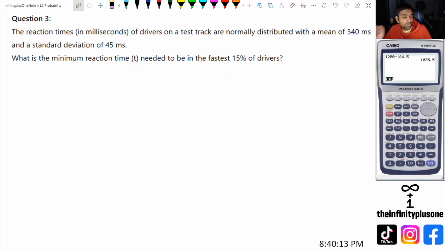Yeah, so in the next session, we'll be doing inverse normal again, but what we'll be looking at is finding the mean and standard deviation, because that's how the questions have changed. They're starting to ask questions where it's not as straightforward as using the calculator itself.